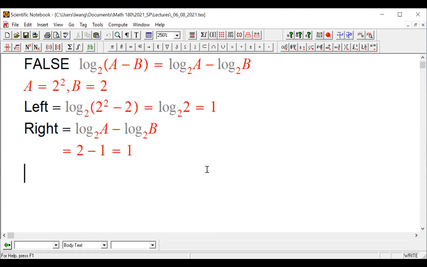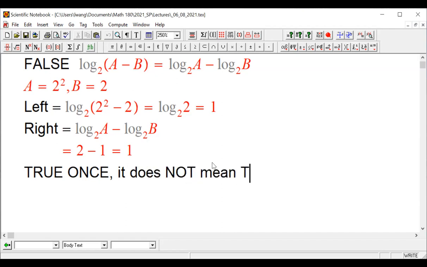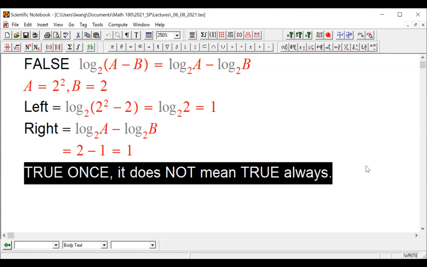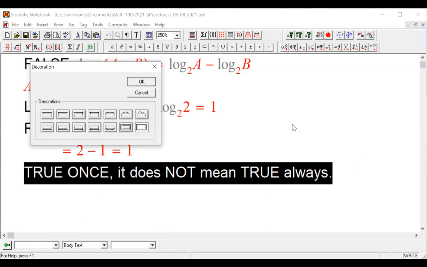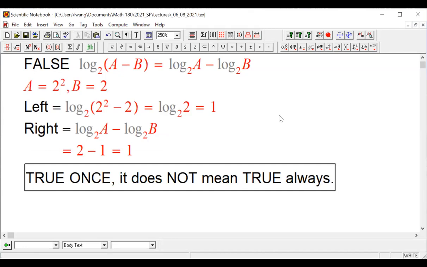This is very important: true once does not mean true always. False once is false, but true once does not mean true always.